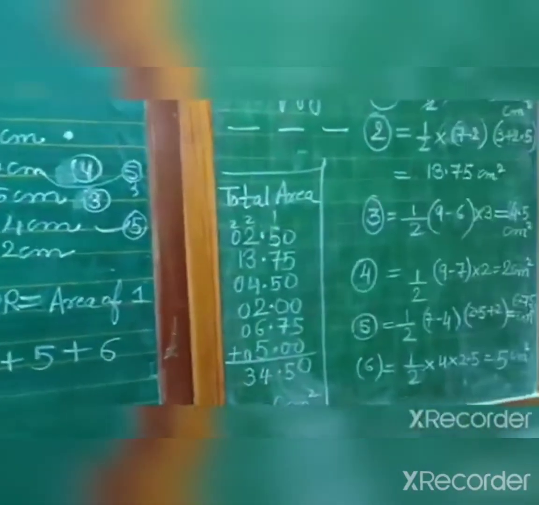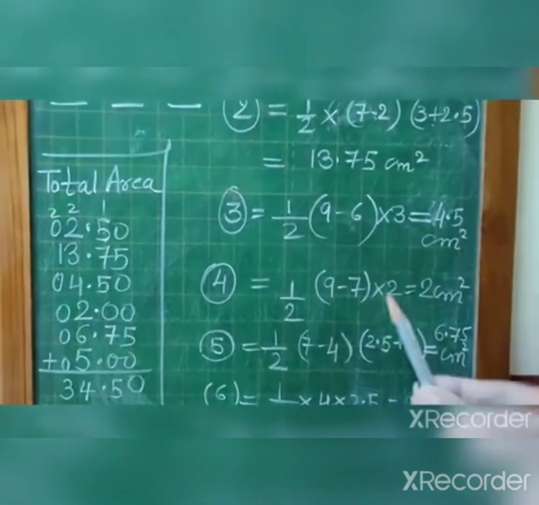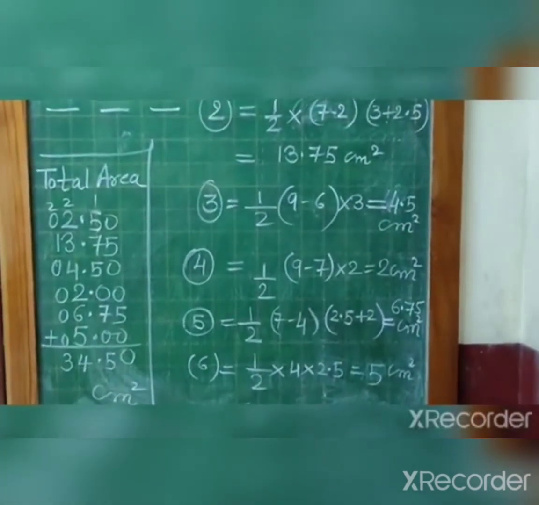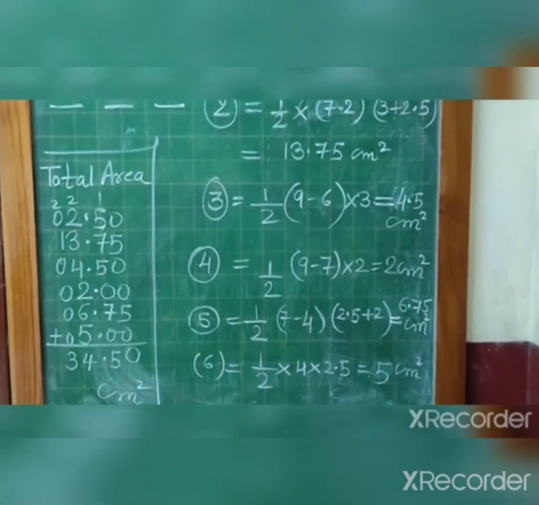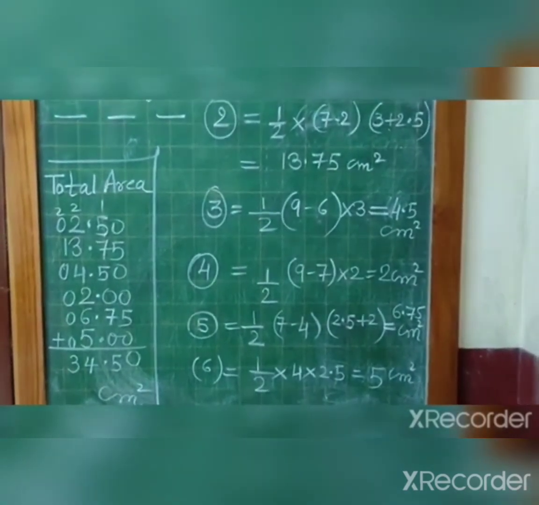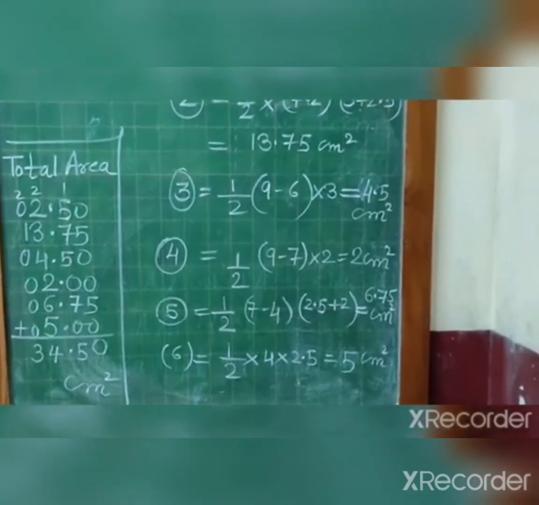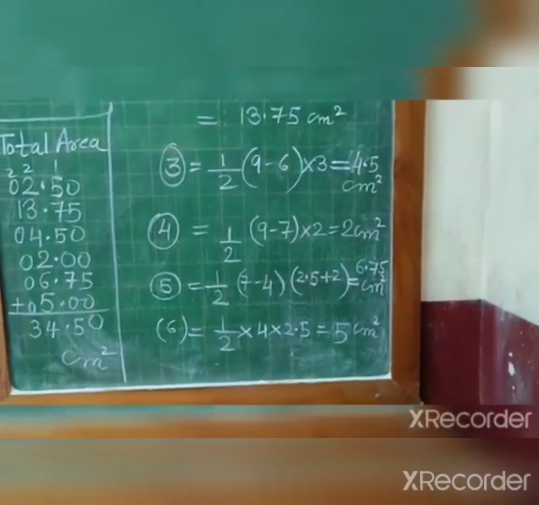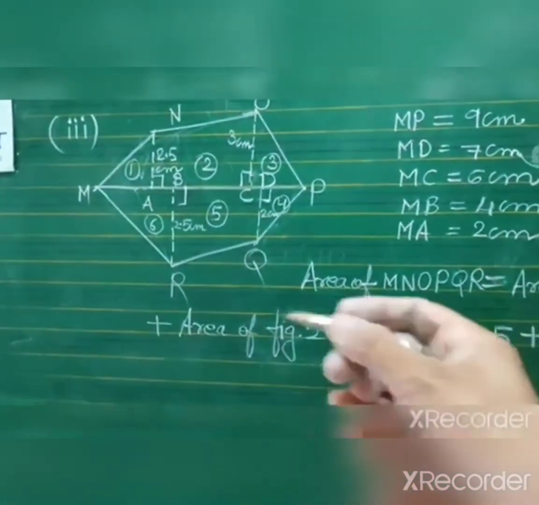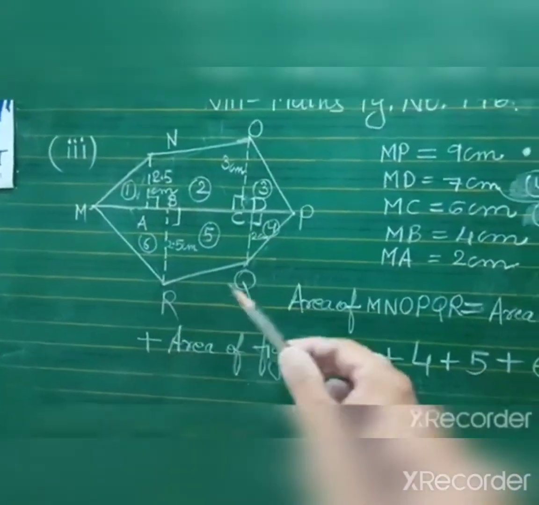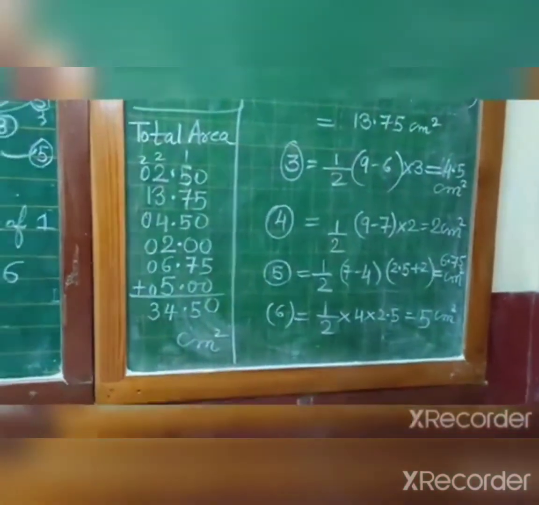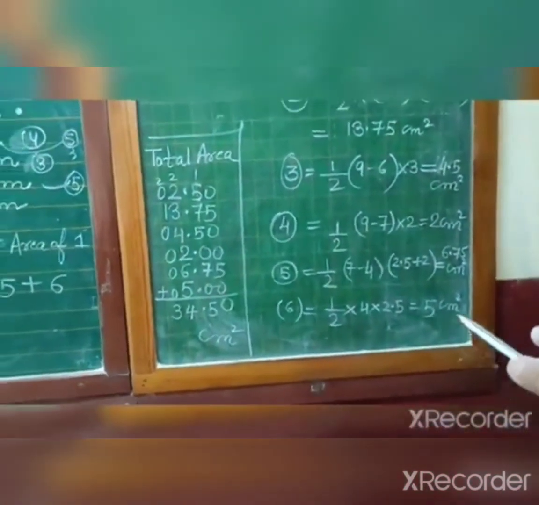So 3 into the sum of parallel sides and opposite sides 4.5. Okay. So 4.5 into 3 divided by 2. So in the figure number 5, we will get the area 6.75 centimeter square. Now for figure number 6. Perpendicular is given 2.5, height is MB. MB is given 4. So 4 into 2.5 divided by 2. You will get 5 centimeter square.